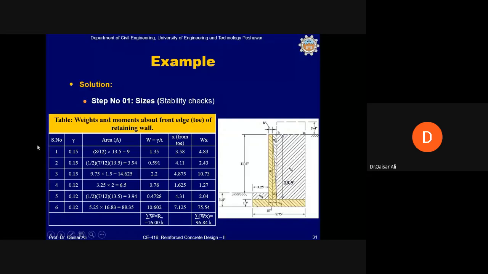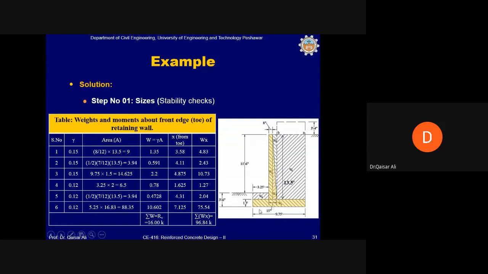And all these weights are multiplied by their distances. The weights have been calculated from the area and the relevant density of the material, and the weights are acting downward. The point of application of each weight is known to us.